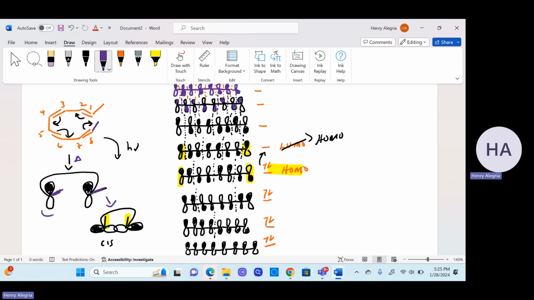So if I rotate counterclockwise, that places the unshaded pointing to my right, the shaded to my left, and it means the methyl group is up. To make the unshaded match, I have to rotate clockwise.